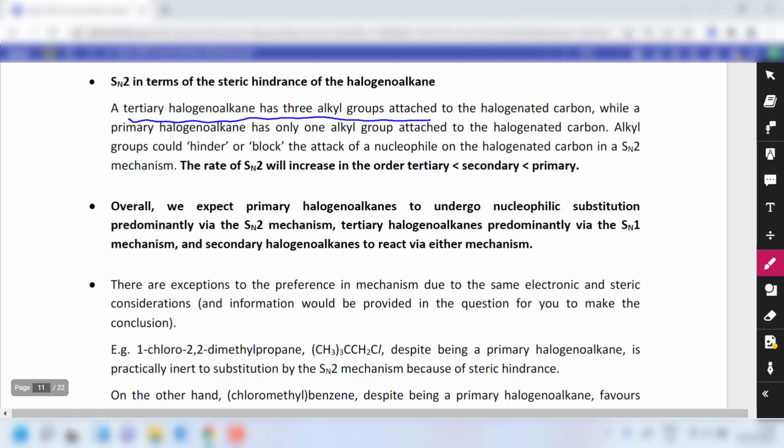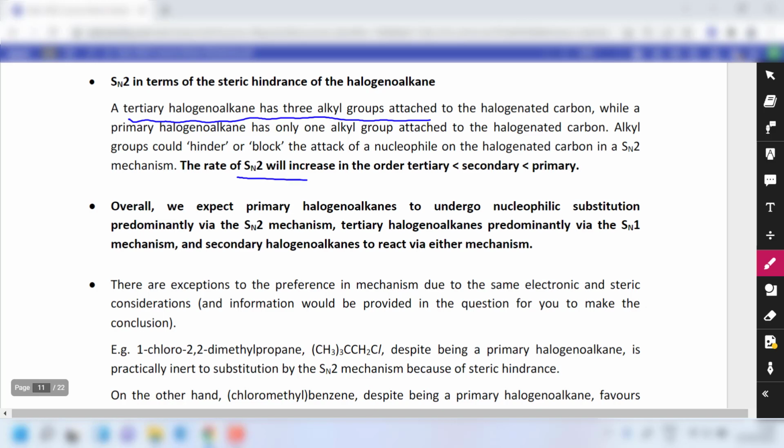Once it experiences electronic repulsion, it makes it difficult for the nucleophile to approach the rear. So because of this, the SN2 pathway for tertiary substrate will largely be shut off because it's likely to involve a very high activation barrier.